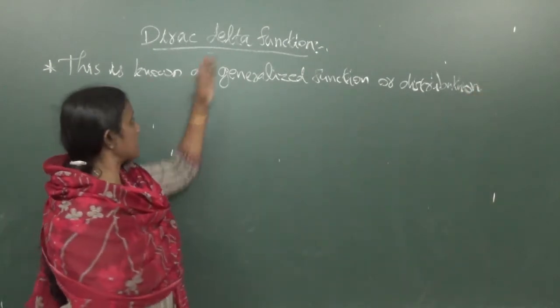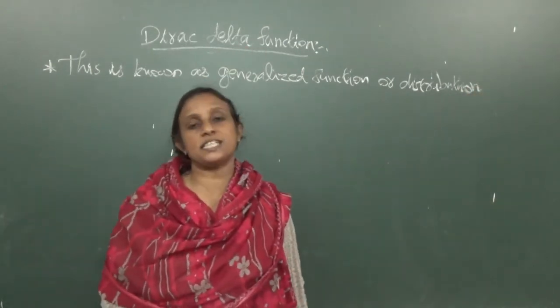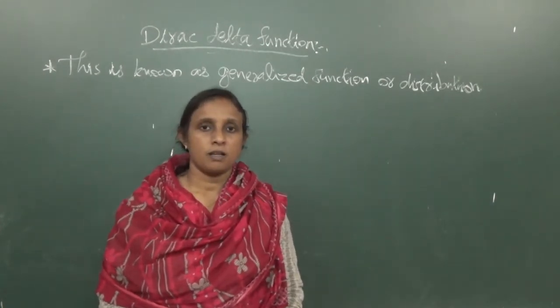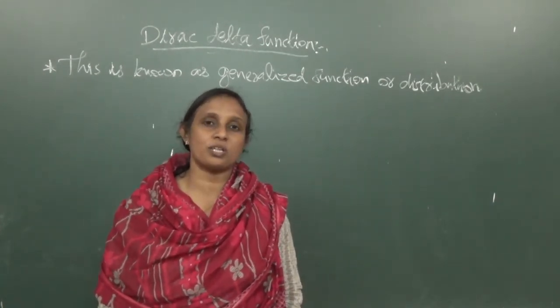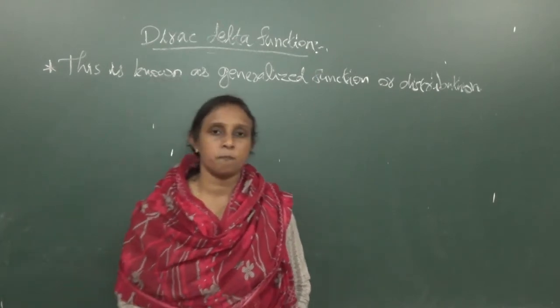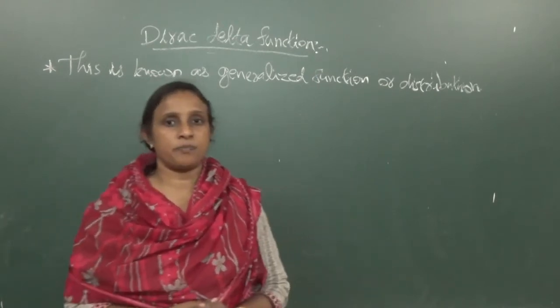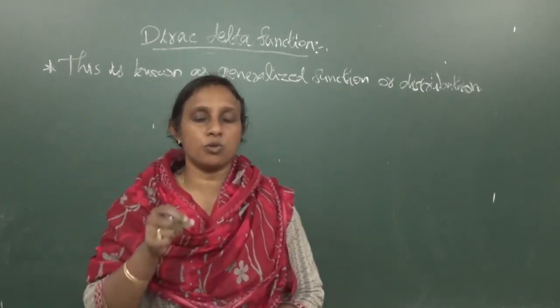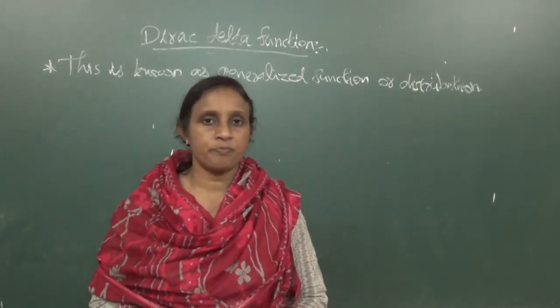Because we already found that in the case of divergence of r cap by r square, there is some discrepancy and it blows up at the origin.